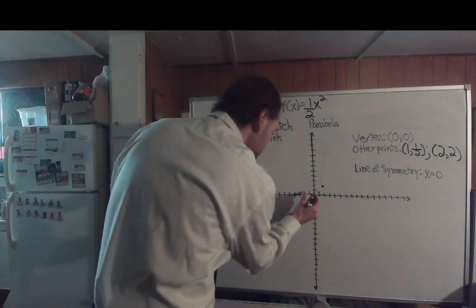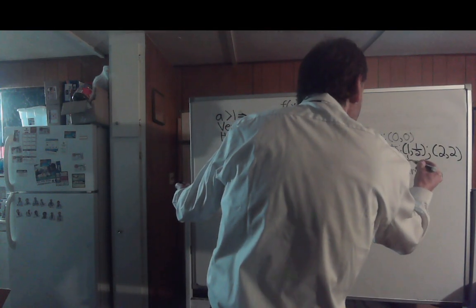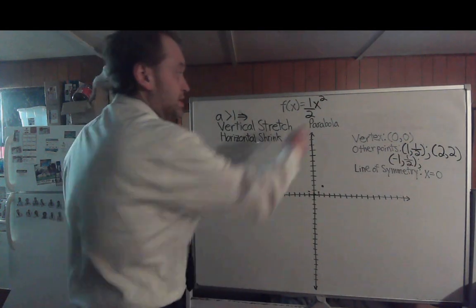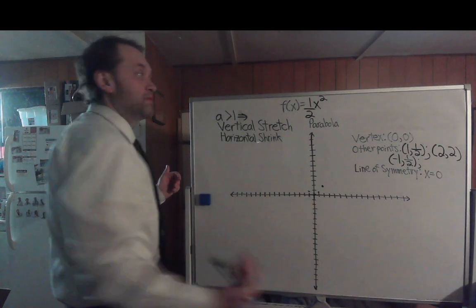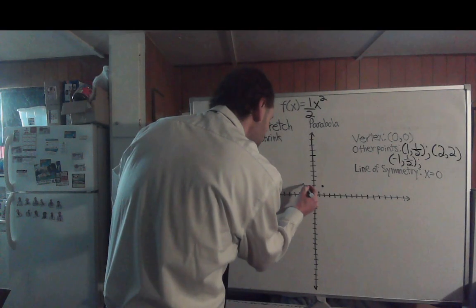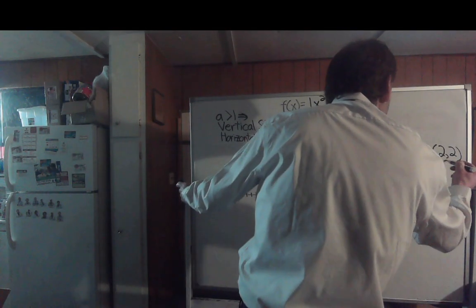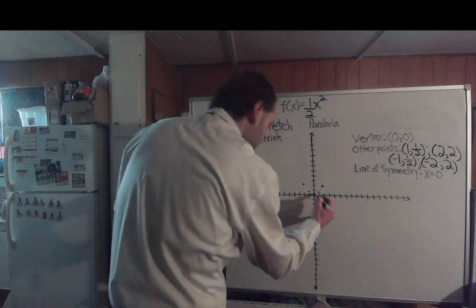That would give you +1/2. So you'll end up having -1, 1/2. Now what if I put in -2 for x? -2 to the second is +4 times half would give me 2. So you'll end up getting -2, 2. Now we can connect this.